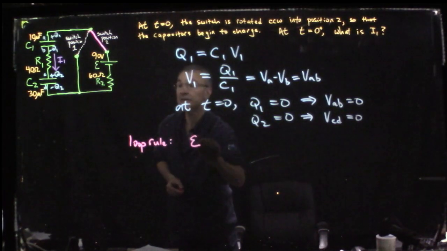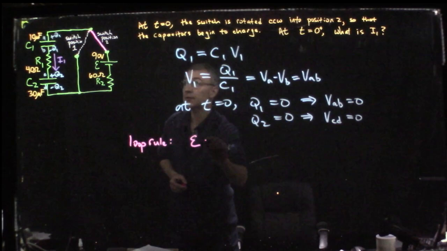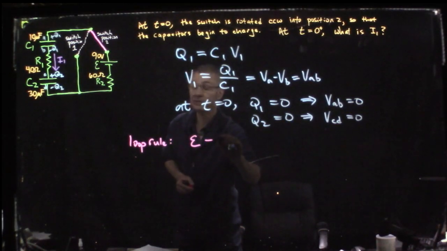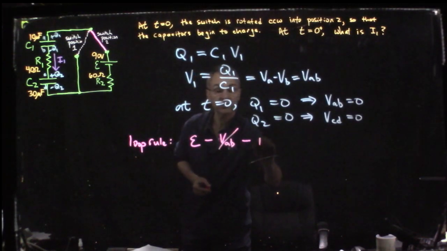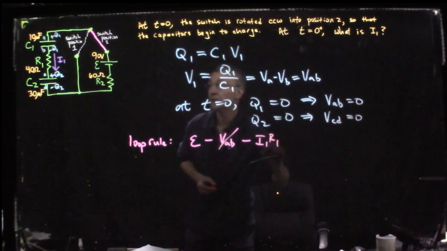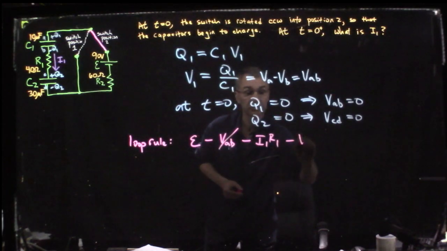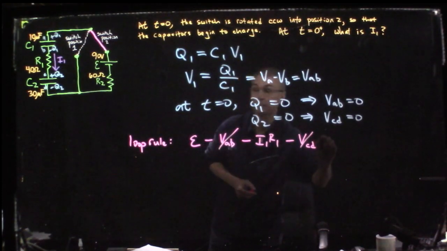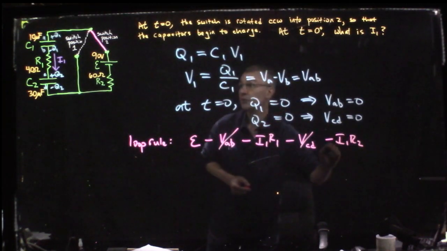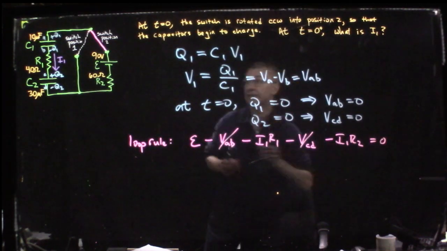as the battery EMF minus the voltage across that first capacitor, which is 0, and then minus I1 R1, and then minus the voltage across that second capacitor, which is 0, and then minus I1 R2, so we've gone all the way around the loop, so that equals 0.